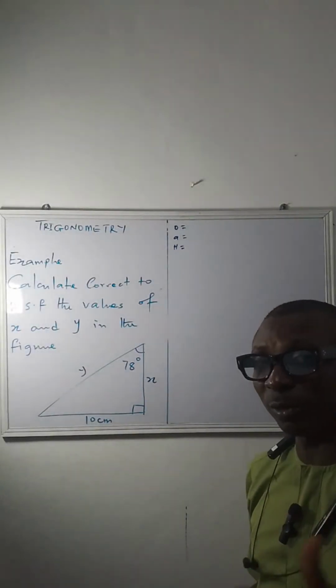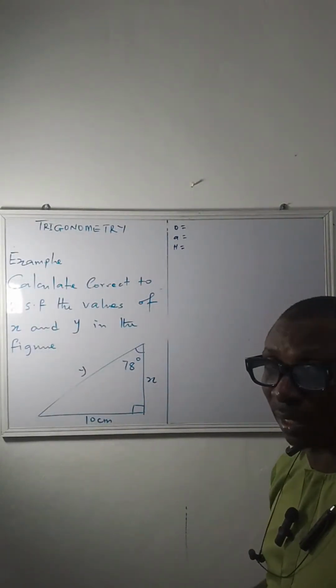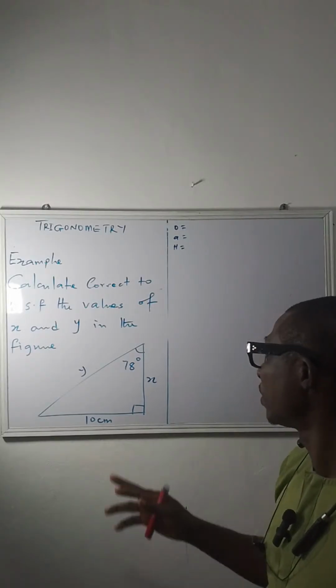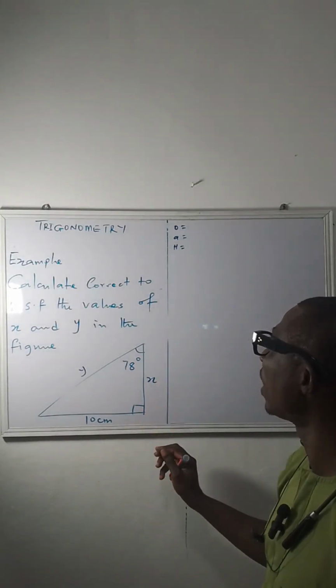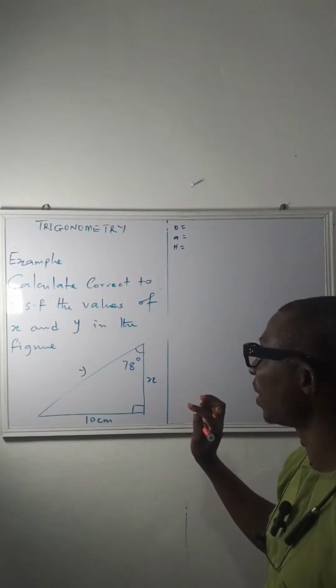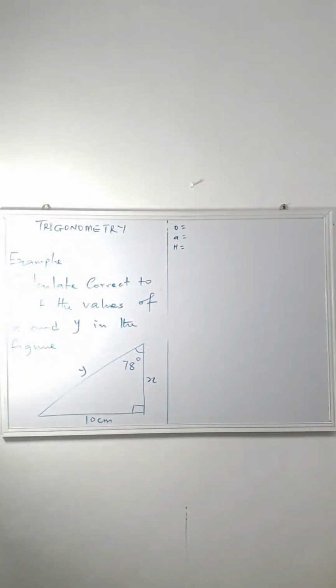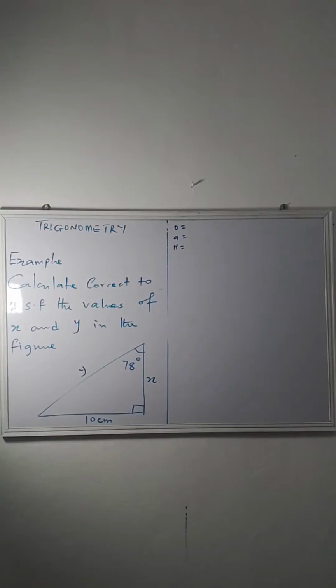I think Folashade should be able to do that. I suspect you are in the last class, so you should be able to identify your opposite, adjacent, and hypotenuse. So can you drop that in the comment section? Let me see: opposite, adjacent, and hypotenuse. Okay, I can see Omolara.